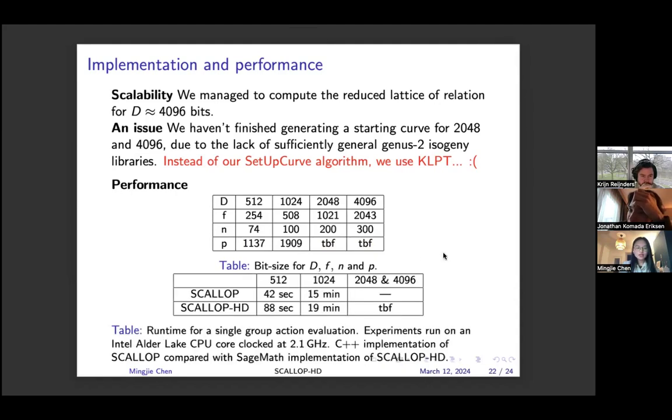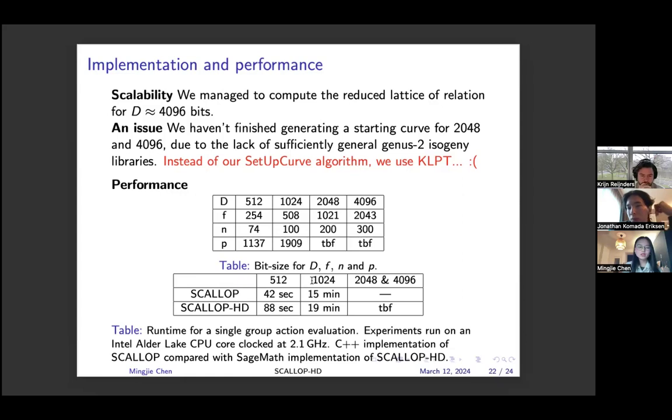And as for runtime, for D equal to around 512, SCALLOP runs a single group action in 42 seconds, while ours runs in 88 seconds, but it's a Sage implementation compared with a C++ implementation.